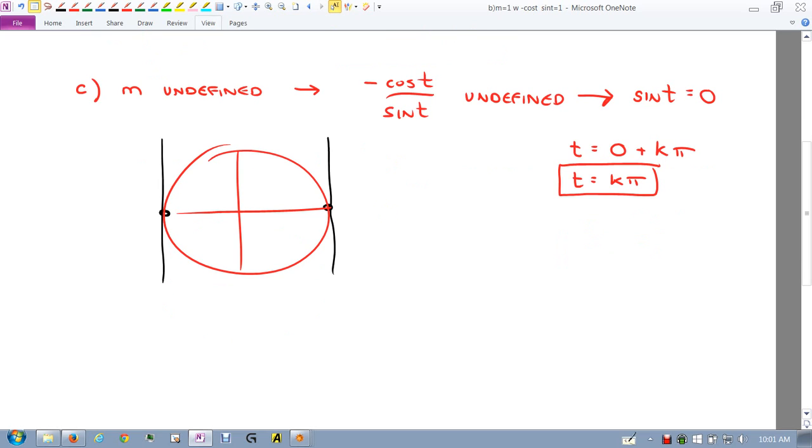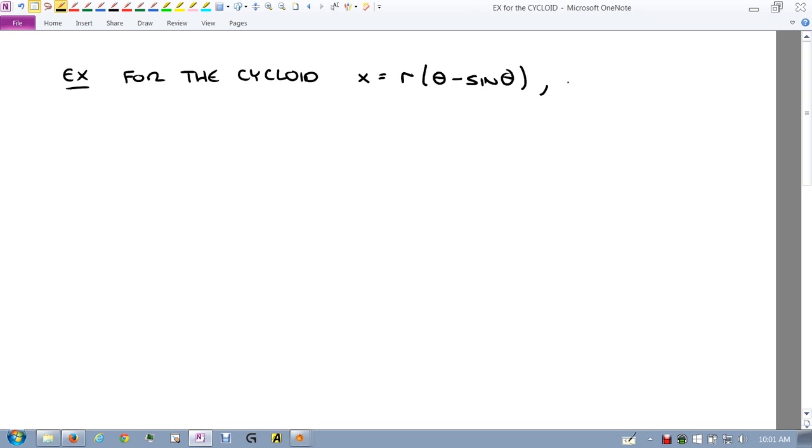All right. Let's try this one. For the cycloid, x equals r times theta minus sine theta, y equals r times 1 minus cosine theta.